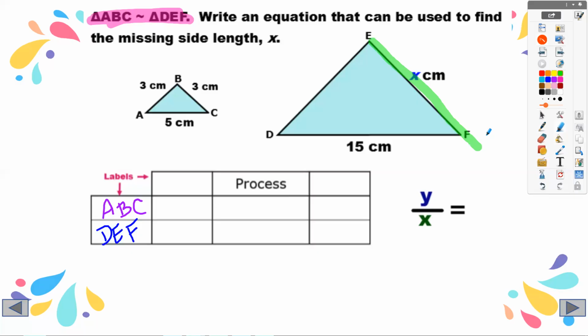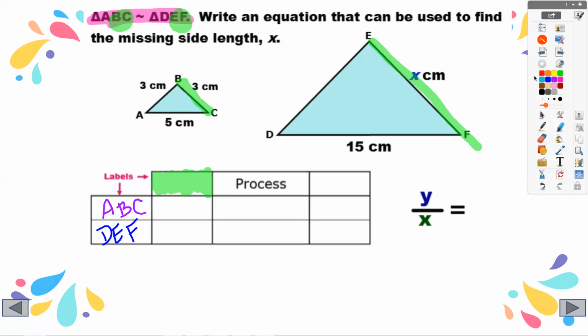So this one was on the slanted right side, so I need to highlight the slanted right side here as well. Also, if I look back up at the name, it went EF for the last 2 letters. Well, BC are the last 2 letters in that one as well. So I know those 2 correspond. So I'm going to highlight this green because that's going to be my green side.